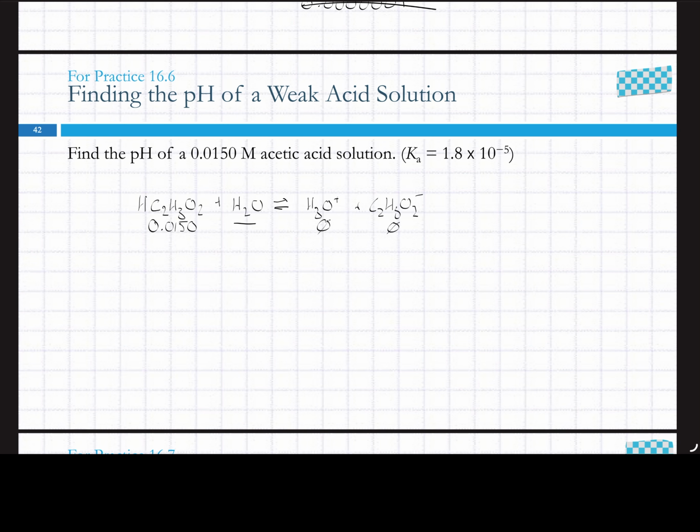Zero, zero, initial, change, end, or equilibrium. So minus x, x, x.